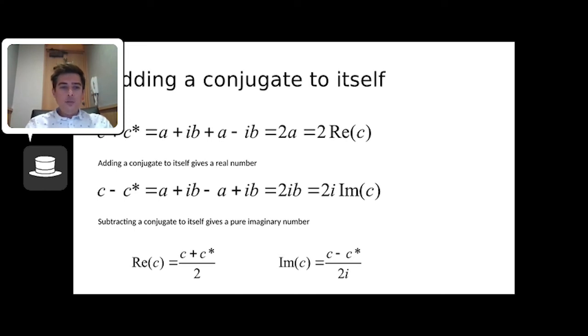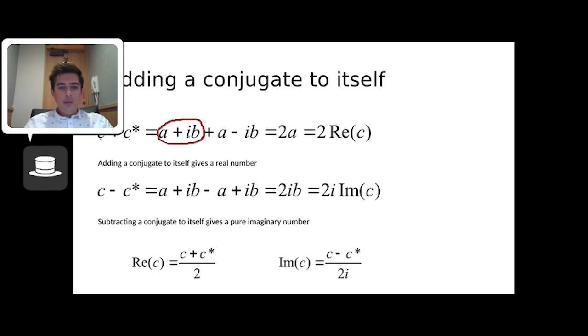For example, if you add a complex number to its conjugate, this makes a purely real number. We can see this happen: say we add C and C star, which is the conjugate of C. Here's C, a plus ib, and here's C star, which is a minus ib.